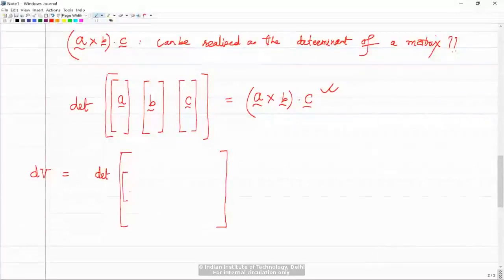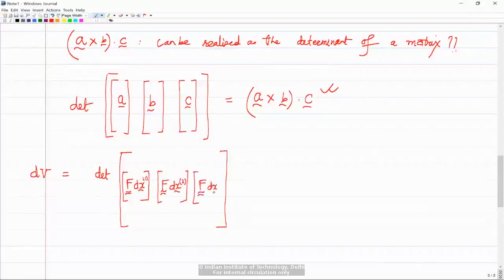First one being big F dx1, the second one being big F dx2, and the third one being big F dx3. Okay?